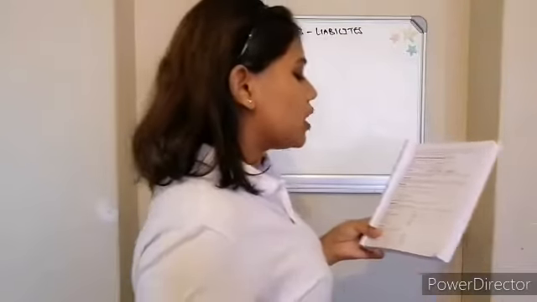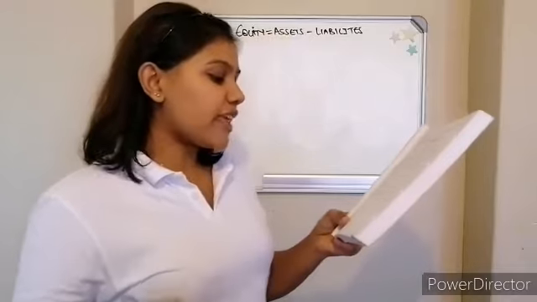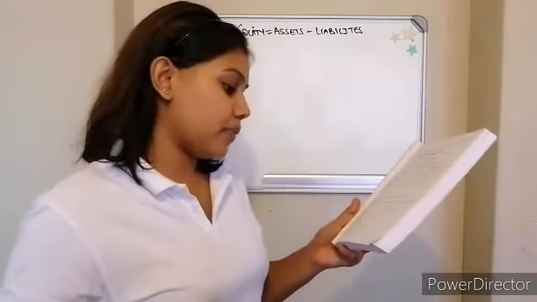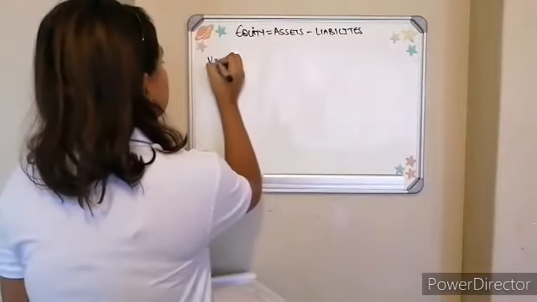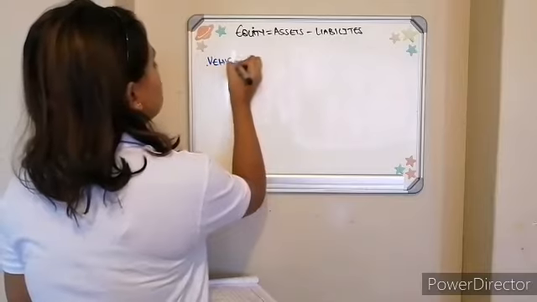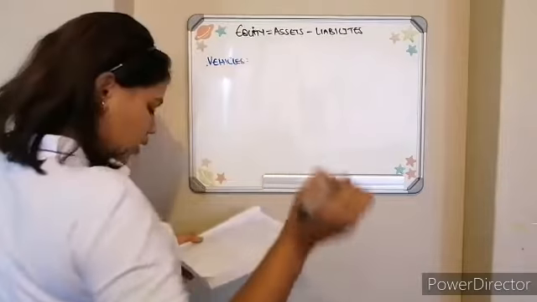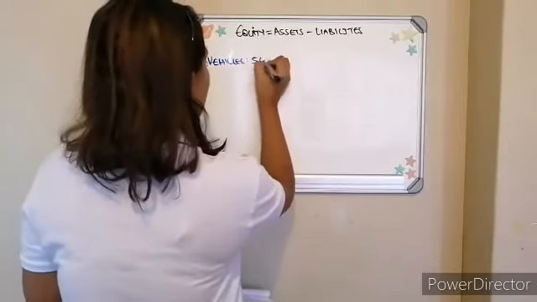Nix is the owner of Nix Plumbing. The following is a list of the assets and liabilities as at 31st May. We have number 1, vehicles, which is 54,000.